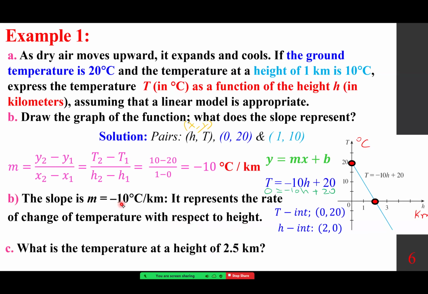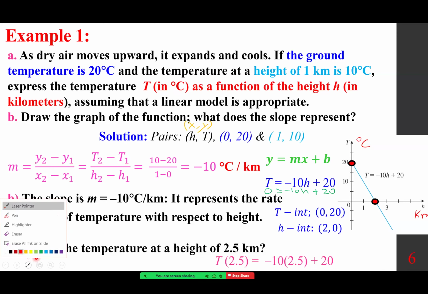What is the temperature at a height of 2.5 kilometers? Well, here's the t. Replace the h with 2.5. This is negative 25. Plus 20 becomes negative 5.